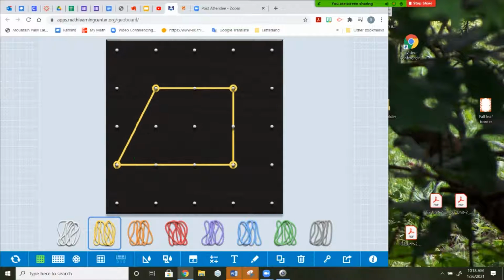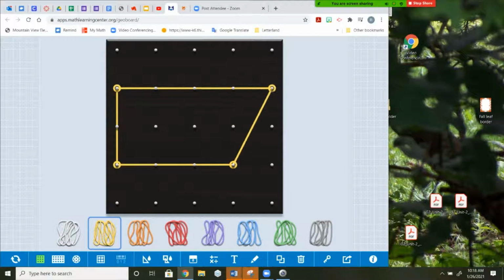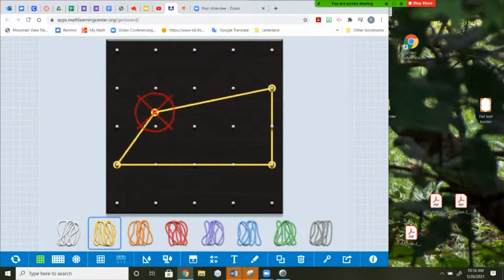Okay, watch this. A rectangle. I'm going to go all the way. It's a rectangle. What kind of angles does a rectangle have? Right angles. They're all right angles. That's correct. Now, let me try something.